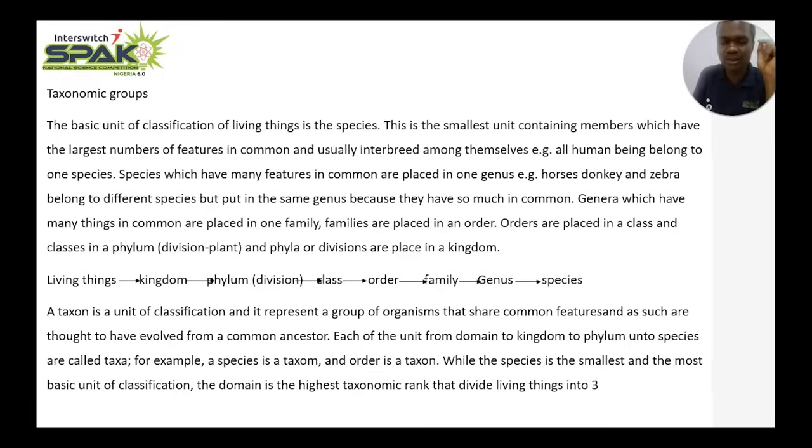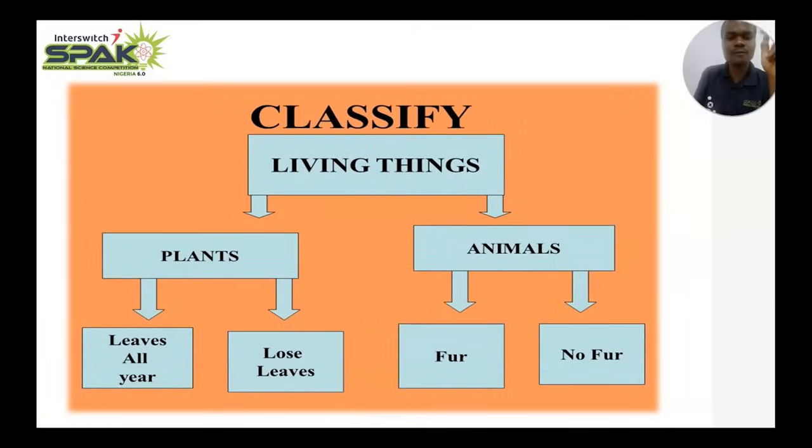The domain is the highest or the largest, and it divides all living things into three domains: the domain Archaea, the domain Eubacteria, and the domain Eukarya.